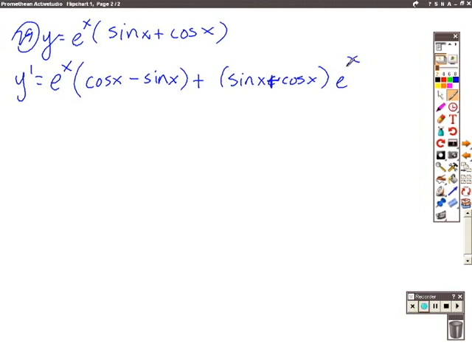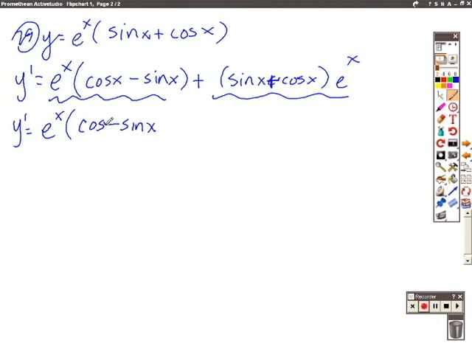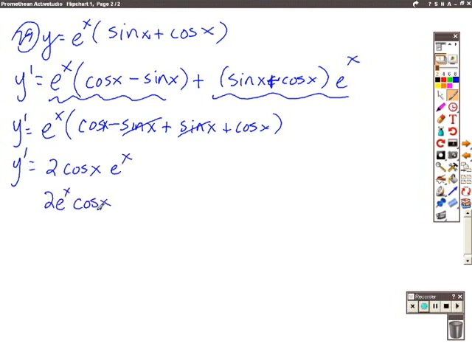Now I can factor out an e to the x, since each term has an e to the x. That leaves me with cosine x minus sine x plus sine x plus cosine x. You'll notice that I have a negative sine x and a positive sine x that will cancel out. So I have y prime equal to 2 cosine x e to the x. It doesn't matter if you write that as 2 e to the x cosine x, but that would be your final answer. And that's a pretty easy simplification to take care of.